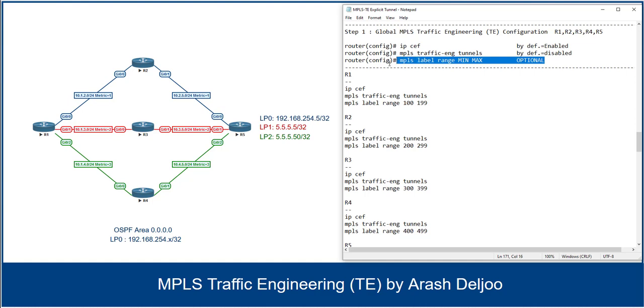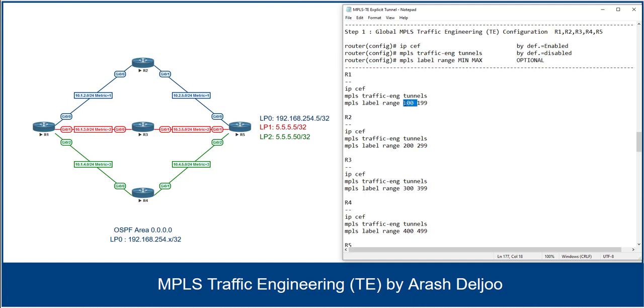And optionally, it is recommended to use mpls label range minimum and maximum for troubleshooting and for better understanding of the functions. Why? Because if you don't configure the MPLS label range, it is possible that all routers use similar labels and it is not easy to understand what is happening. Because of that, I recommend that you configure the MPLS label range.